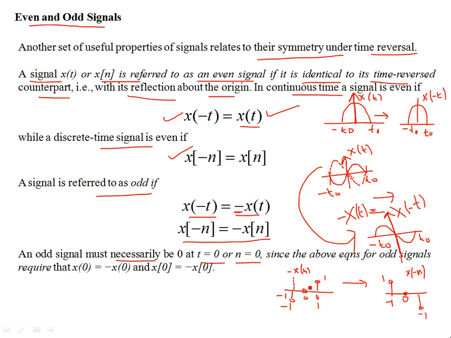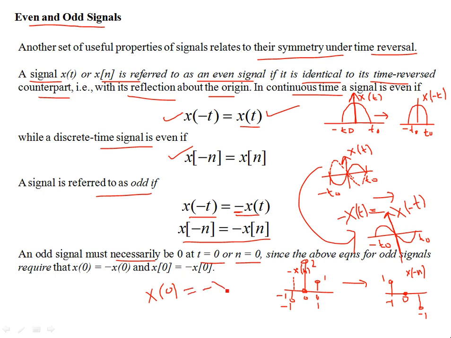But the constraint that I'm trying to emphasize over here is there is no way you can have any arbitrary sample. You cannot have, for example, 2 over here, a sample that takes the amplitude of 2 or 3 or minus 1, whatever. Okay, it has to be 0. Why? Because you see, at n equal to 0, x of 0 is what?